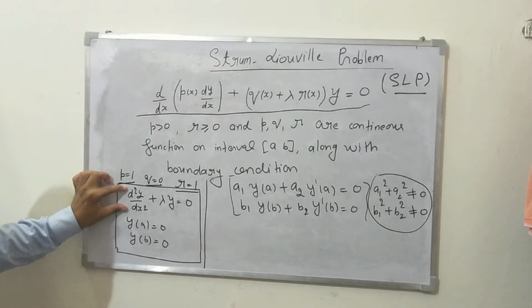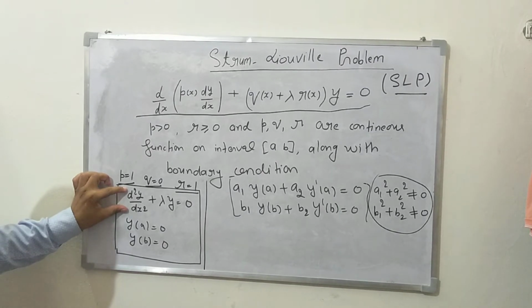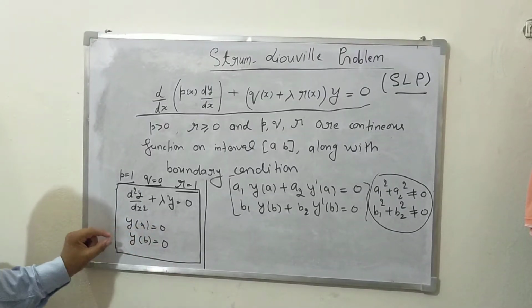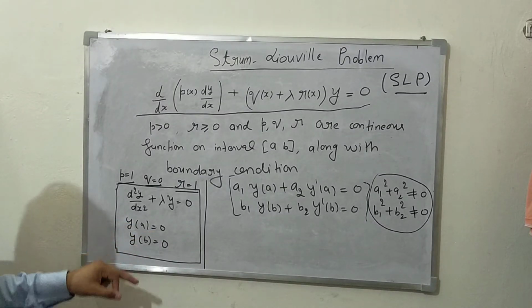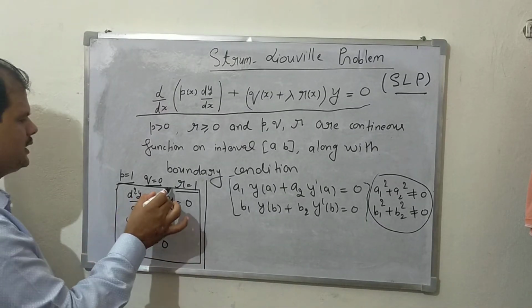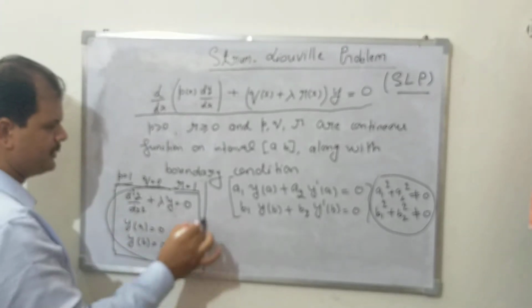y double dash, the second derivative of y, plus lambda y equal to 0, with the boundary conditions y(a) equal to 0, y(b) equal to 0. So this is the simplest form of SLP.